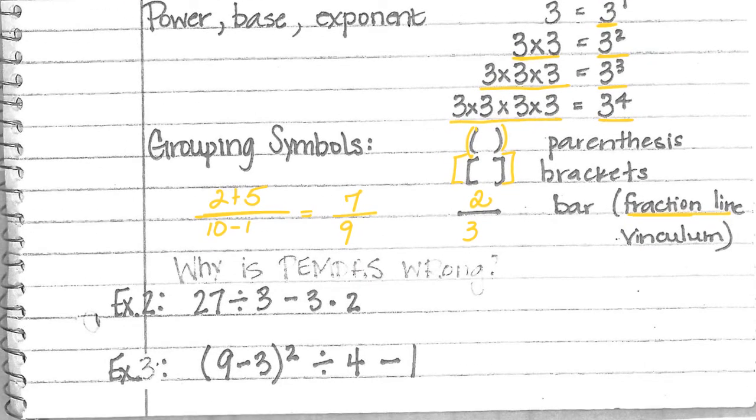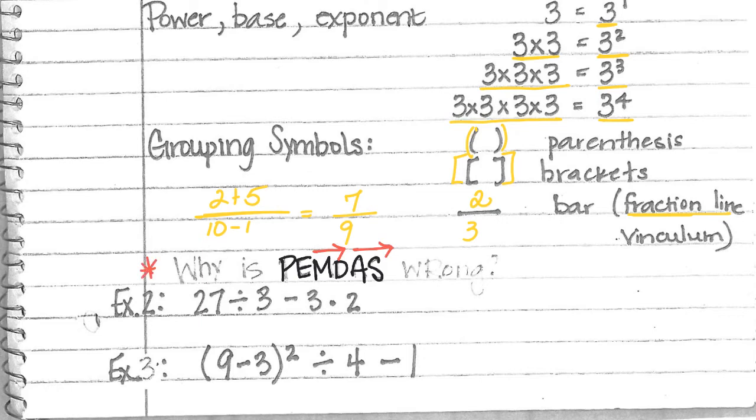All right, another thing that I tell students to remember is why is PEMDAS wrong? Parentheses, exponents, multiplication and division, addition and subtraction. And a lot of times people literally take that to heart. Multiplication, then division. No, we have to multiply and divide from left to right and add and subtract from left to right.